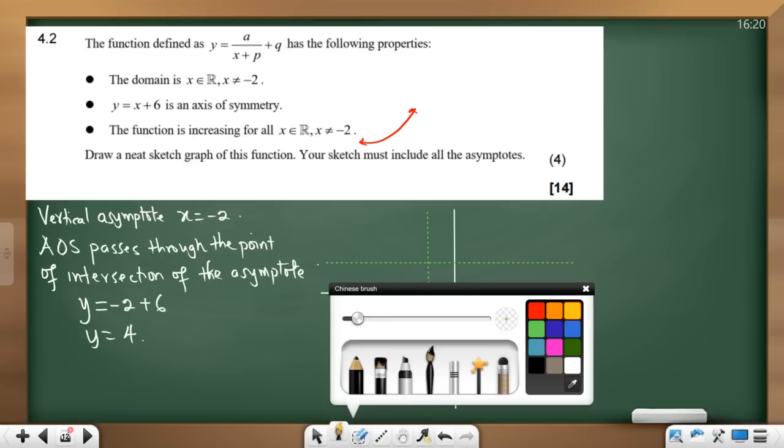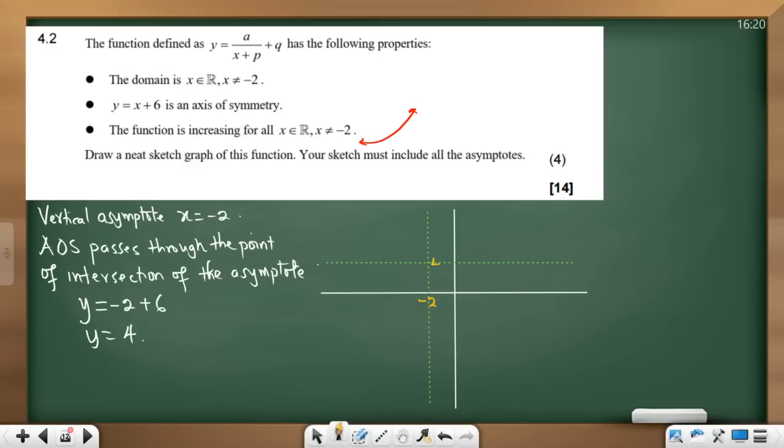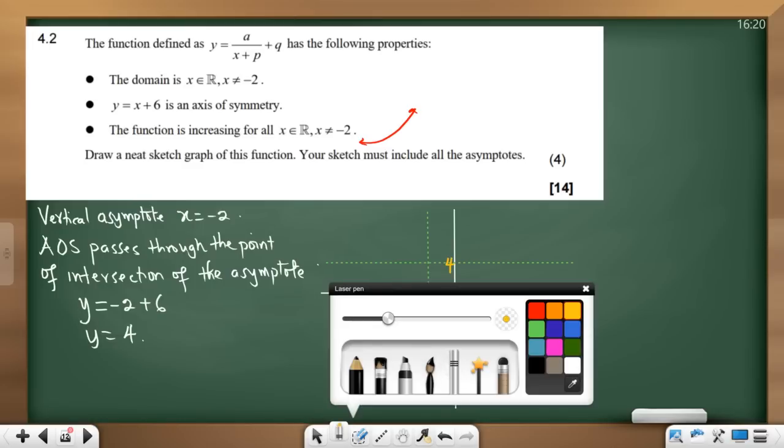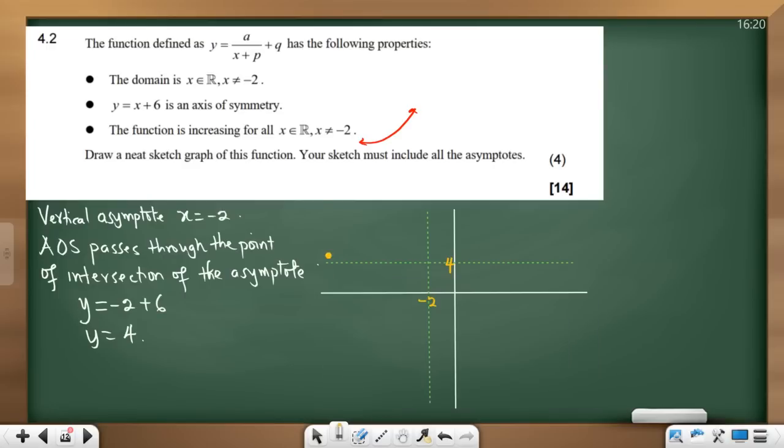The examiner says it is increasing. If it is increasing, it actually means your a is negative. But if you are not sure what I just said, check this. If I draw a graph like this, increasing. If I draw it like this, decreasing. It cannot be here. Increasing. And then what?